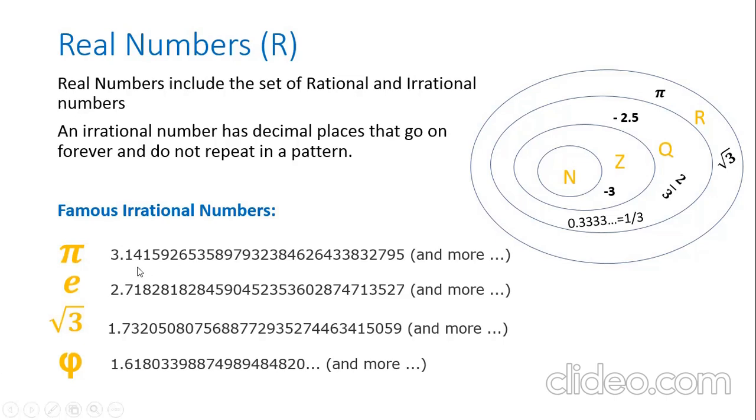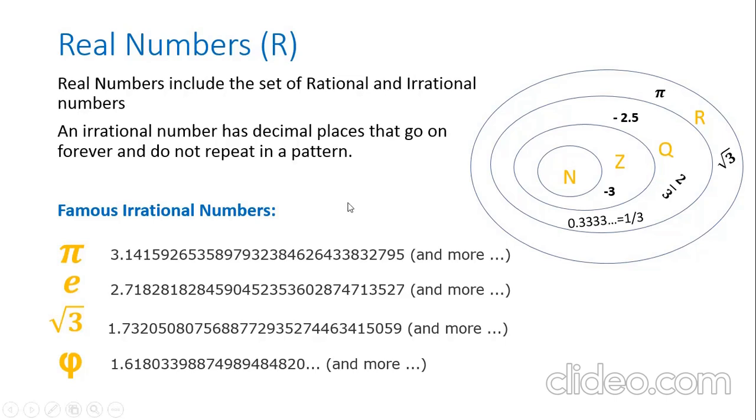And we can see that it's approximated by 3.14. However, it's an infinite decimal, so it doesn't end. We take another example. Euler's number is approximated by 2.71, the square root of 3, and phi, which is the golden ratio.